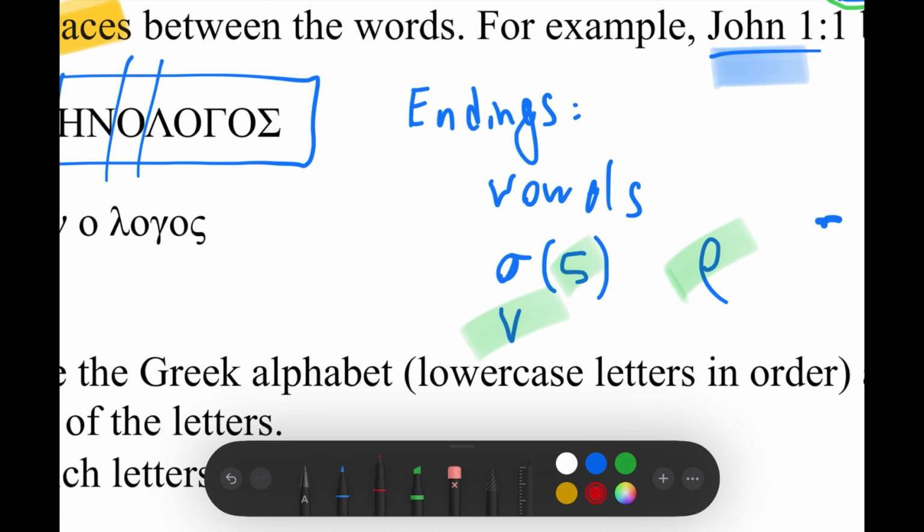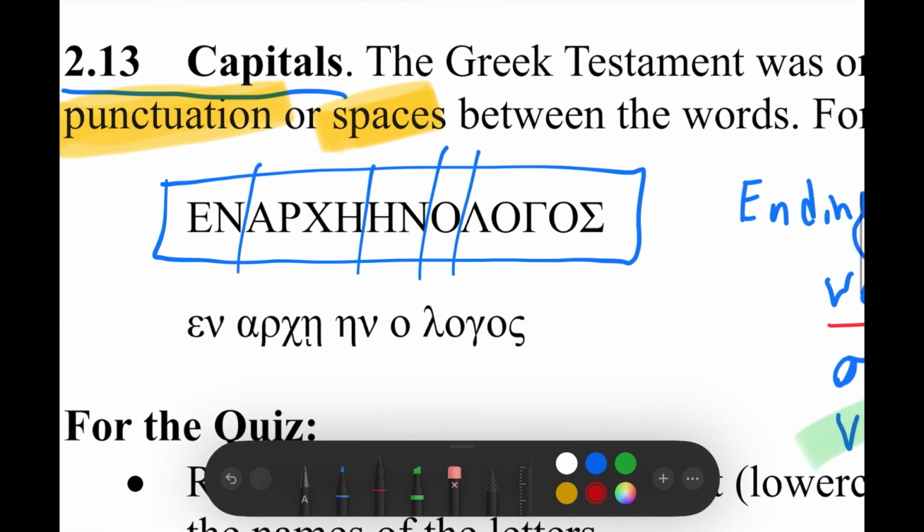Or again, vowels. So when you think about the fact that the words were initially not broken up by spaces, that means that you can identify a nu. This is a vowel. Another nu. And then another vowel. And then this is the sigma.